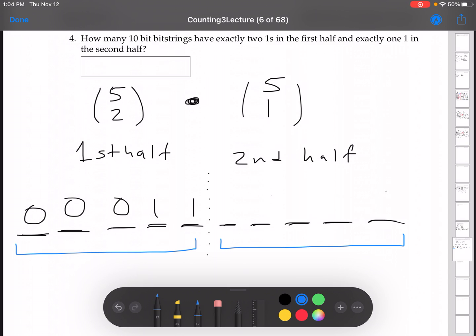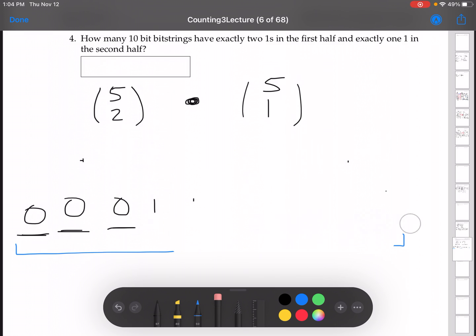The second half is another position. And notice that however you choose to distribute the 1s in the first half has no bearing on how you choose to distribute the 1s in the second half. So there's independence there. And so then we can multiply. 5 choose 2 times 5 choose 1. That'll be our answer. If you want to put as your answer 5 choose 2 times 5 choose 1, that's perfectly fine.